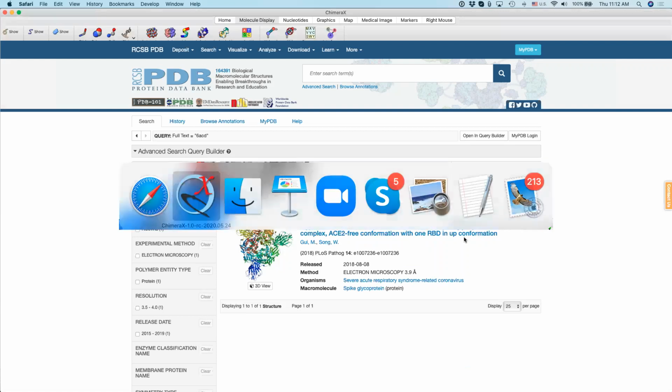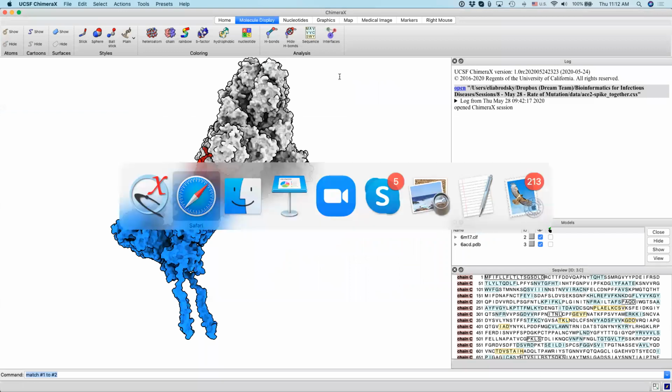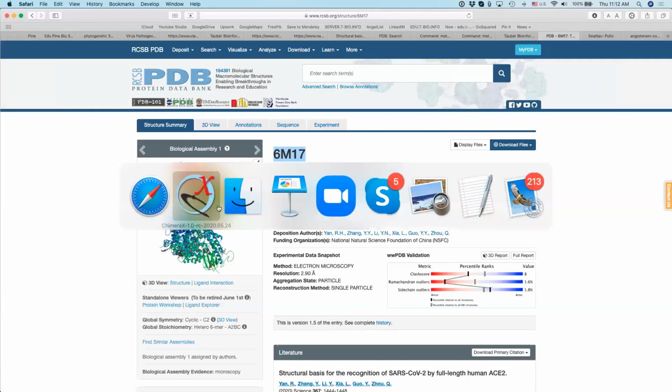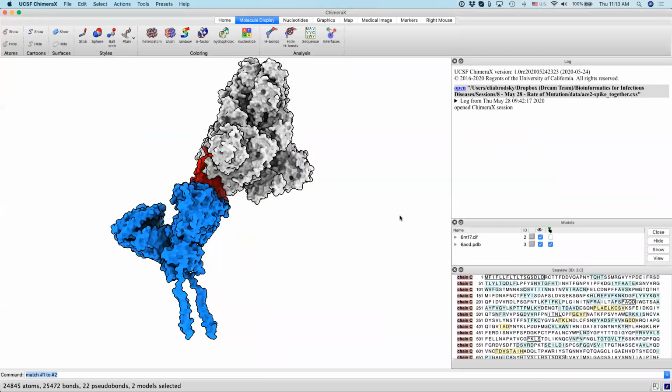And the second sequence is 6M17. Again, you can go to 6M17. This is the 2019 novel coronavirus receptor binding domain ACE2 B0AT1 complex. So the objective here is, if you download these two and load them into Chimera, what you'll see, and this is where it can get a little heavy, I hope I'm not going to get stuck here.